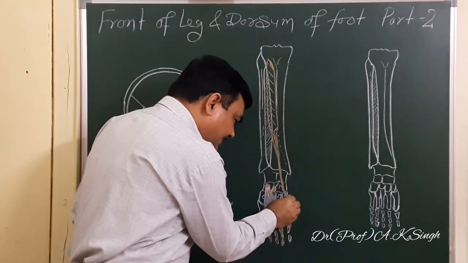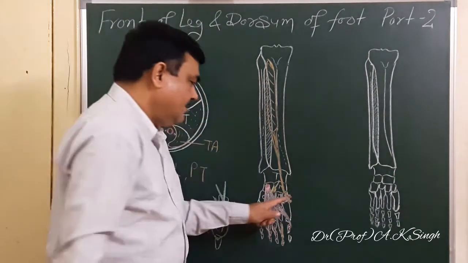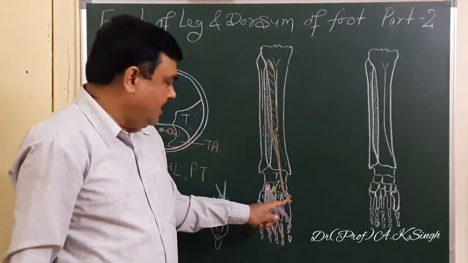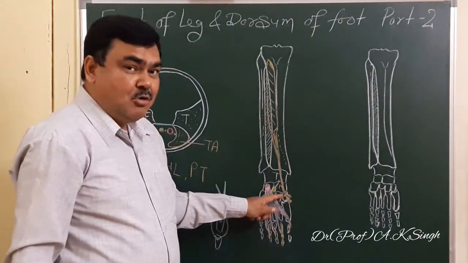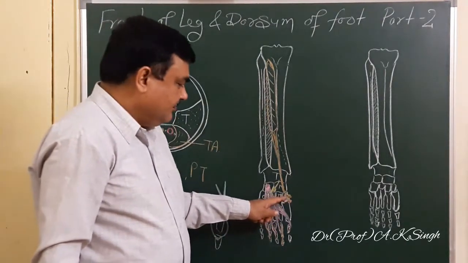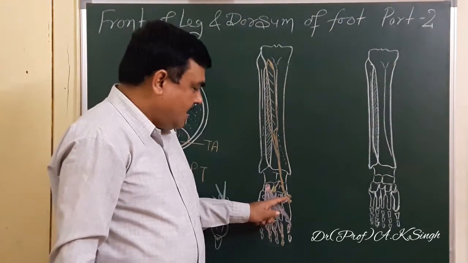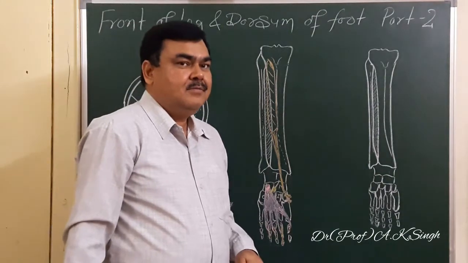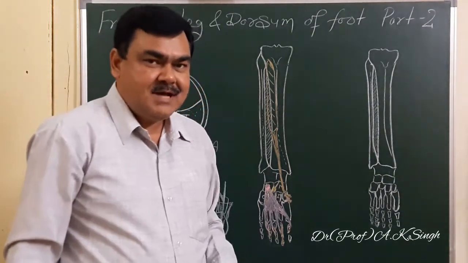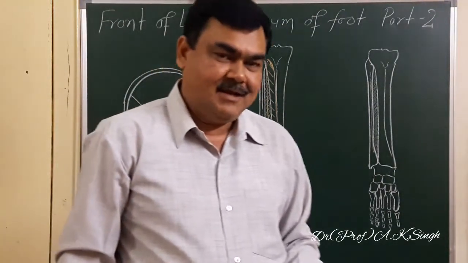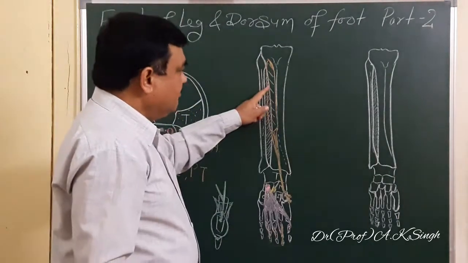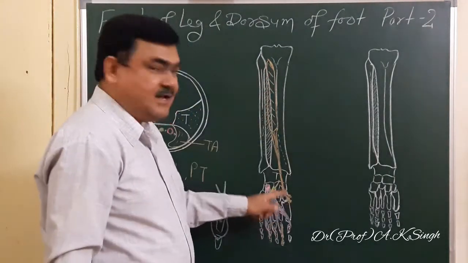So it is inserted here. So insertion point is 2 point. One is inferior medial part of medial cuneiform and another is adjoining part of base of first metatarsal. So this muscle takes origin from here and inserted here.